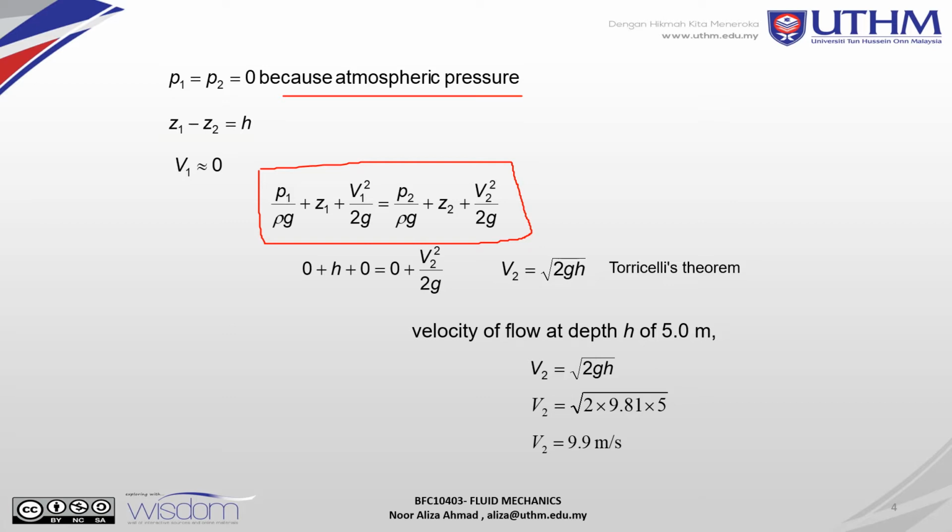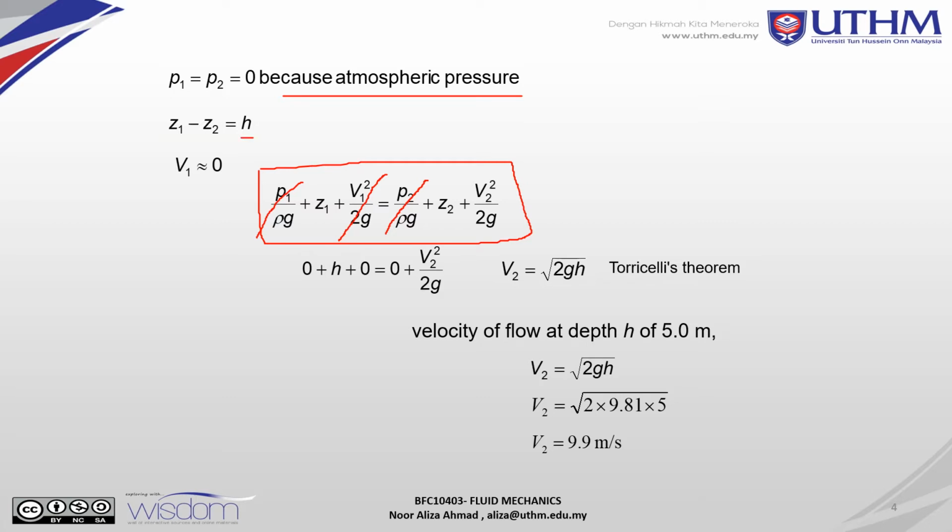This is the inlet and this is the outlet. So P1 is 0, P2 is also 0, and V1 is also 0. So Z1 minus Z2 is the H.